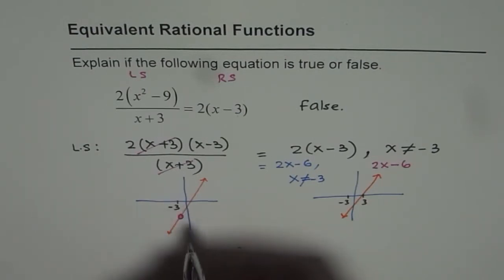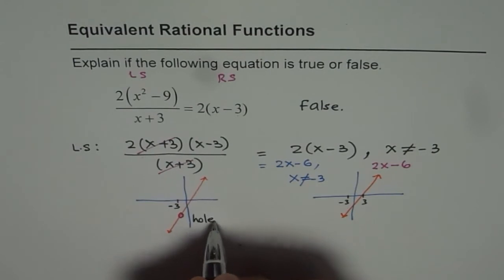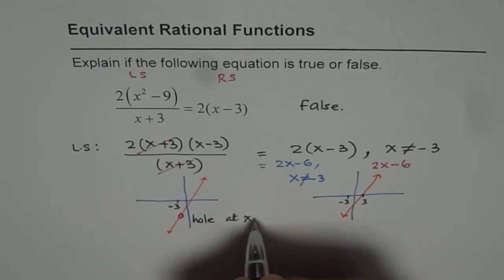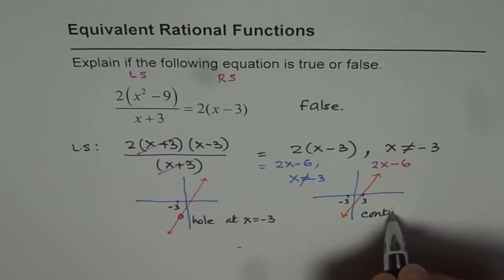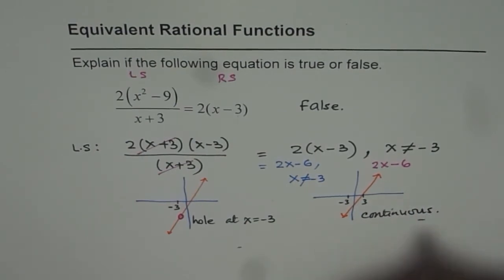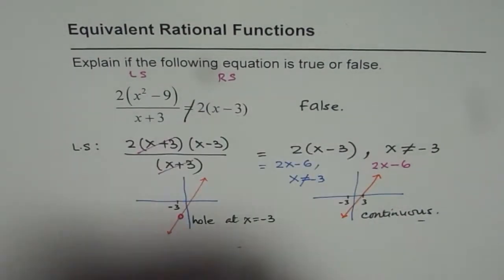Do you see that? So we have a hole at x equals minus 3, right? And here the function is continuous. So that is a major difference between the two, and therefore these two sides are not the same. They're different, right? So we can say it is not equal.